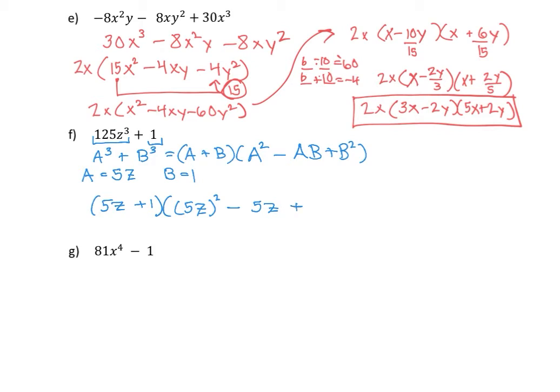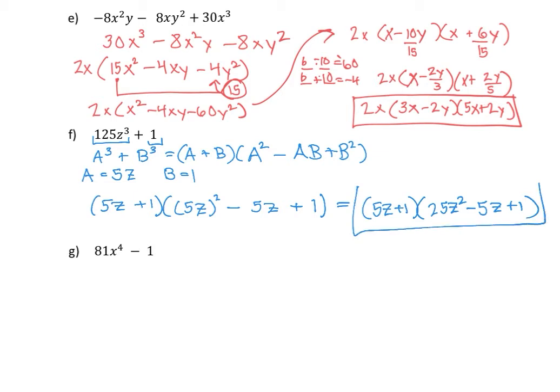Okay, I'm just going to clean this up a tiny bit. We have 5z plus 1 times 25z squared minus 5z plus 1. There we go.